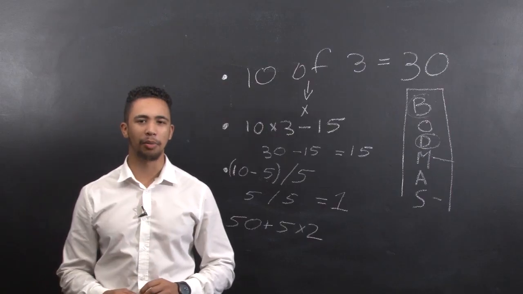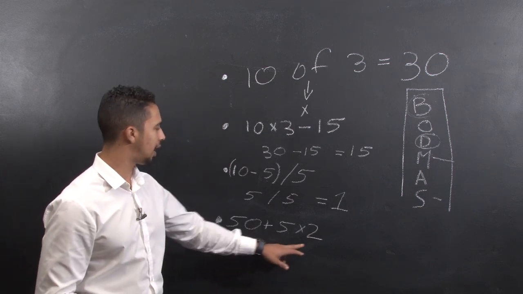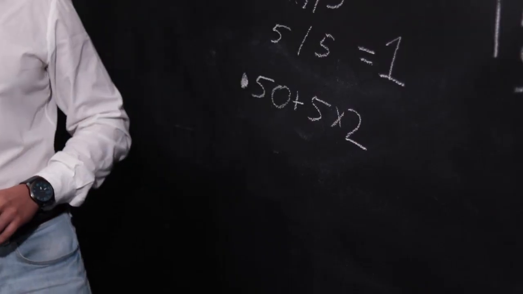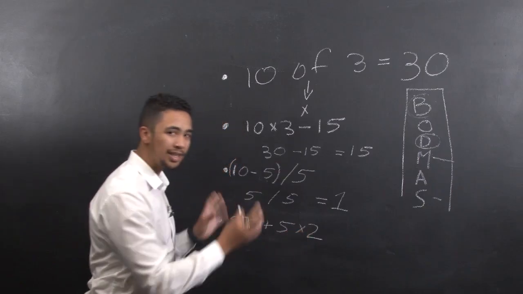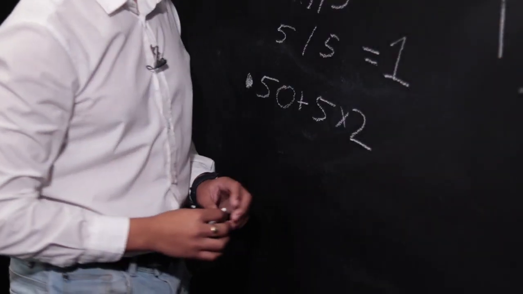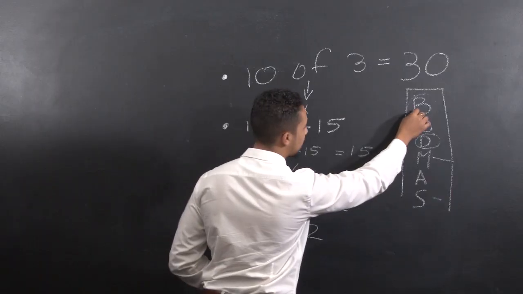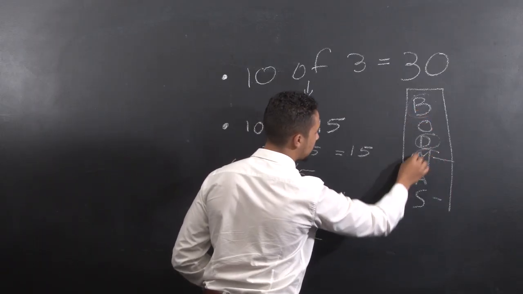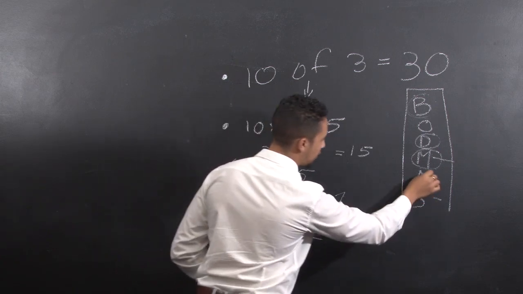And our final example is 50 plus 5 times by 2. Guys, remember, when we have two different signs in our sum, we always go back to the BODMAS. So, 5 times by 2 gets done first because it's a multiplication. Next, we have addition.